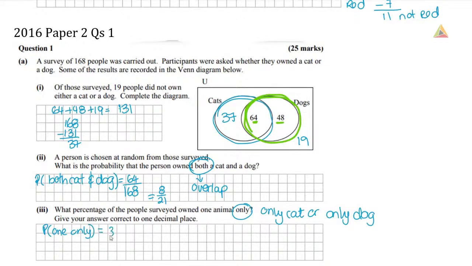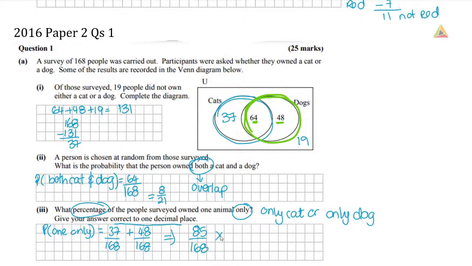So that's going to be 37 out of the 168 plus 48 out of the 168. And when we add those together, we're going to get a fraction. But it asks me to give my answer correct to one decimal place as a percentage. So what percentage of these people? So when we add these together, we get 85 out of 168.